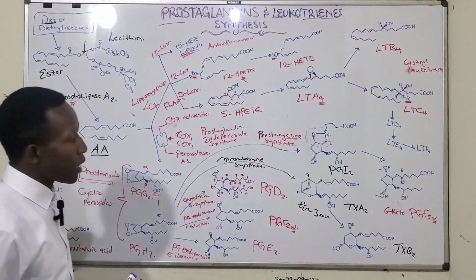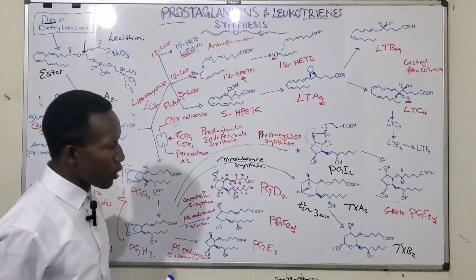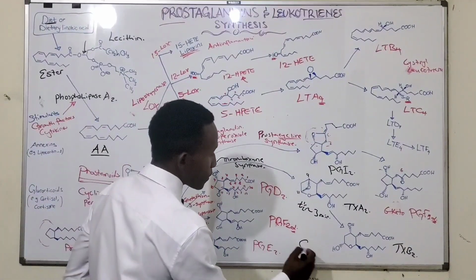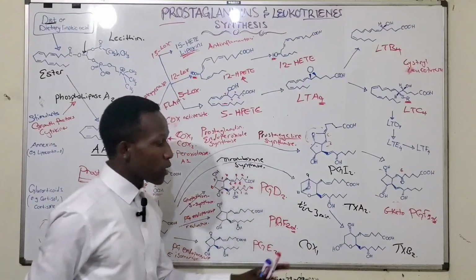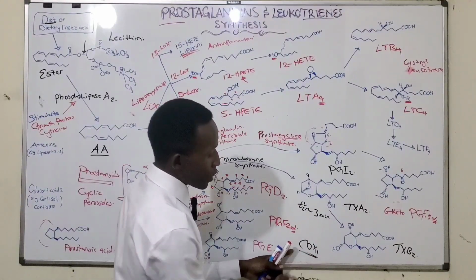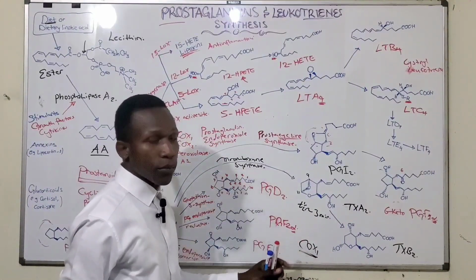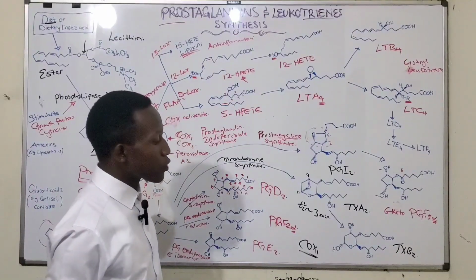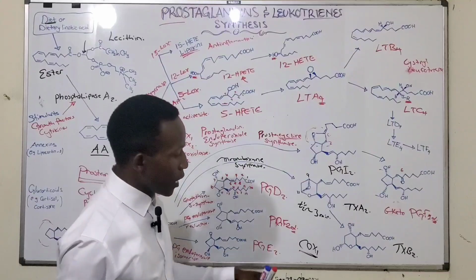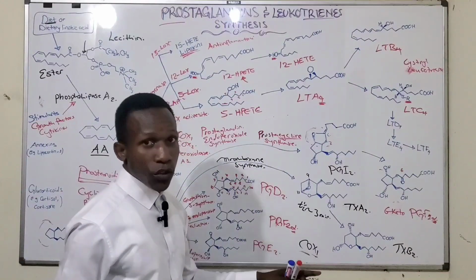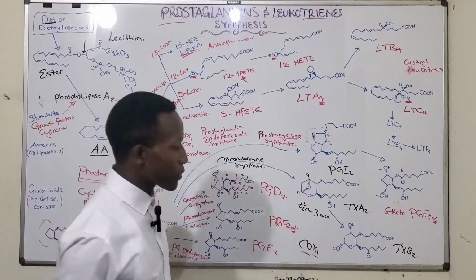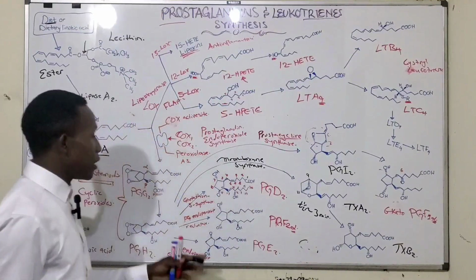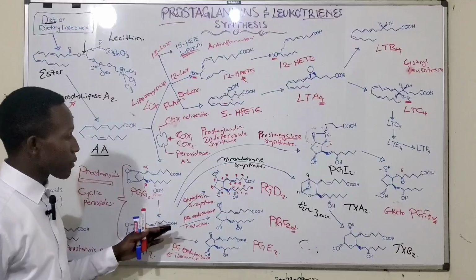Now, prostaglandins, most of them are always there in the body. The presence of COX-1: this COX-1 is a constitutive enzyme. It's always there in most tissues. For example, in the GIT, it leads to the production of mucus, inhibits the production of gastrin and gastric acid, such that it can protect the mucosal membrane.